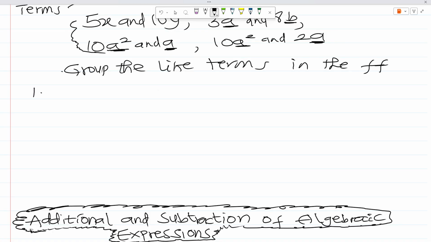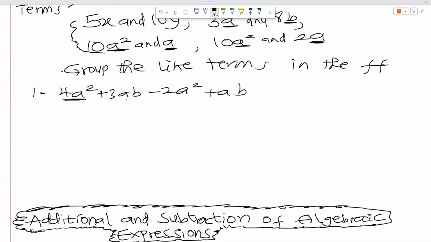The first one: we have 4a squared plus 3ab minus 2a squared plus ab. So first of all, let's count. We have 4a squared here. We are not going to look for 4. We are going to look for any algebraic term with a squared.